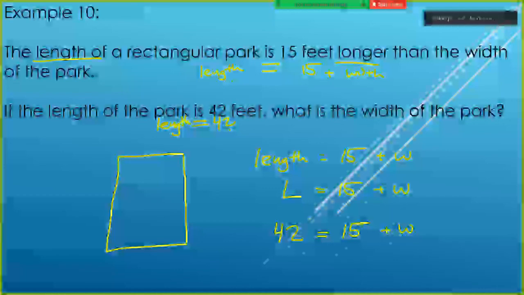And then you can see here, what's happening to the W? It's being plus 15, so I need to minus 15 to whatever that comes out to. 27, I think. Let me double check. So W, width, is equal to 27.